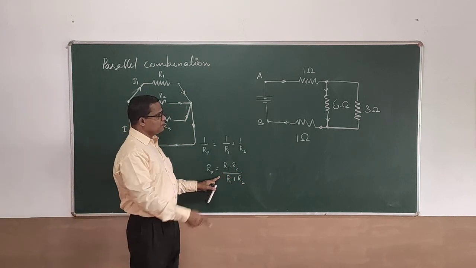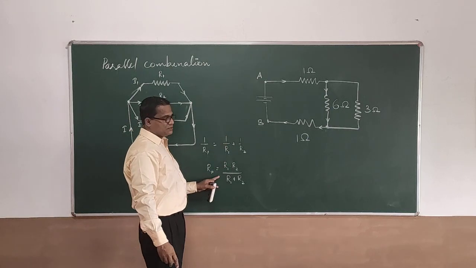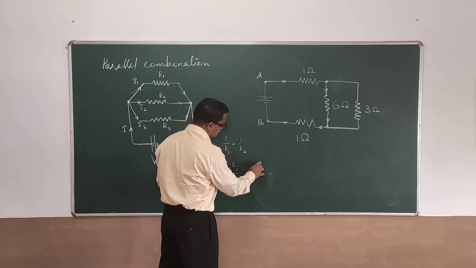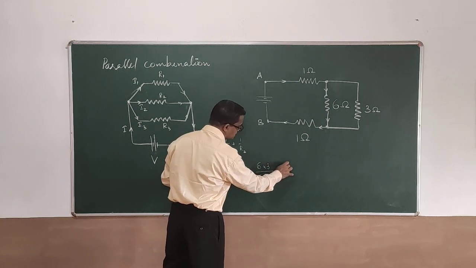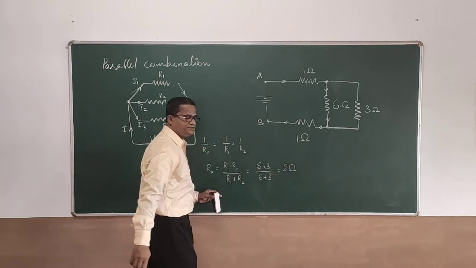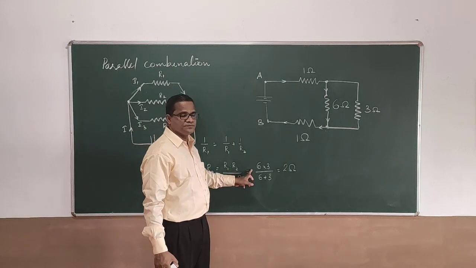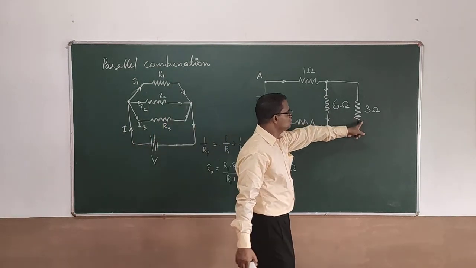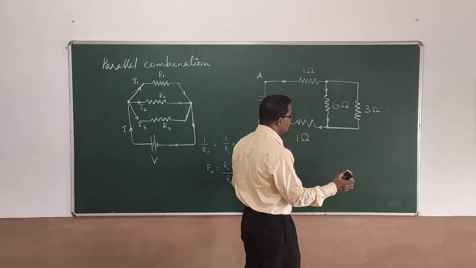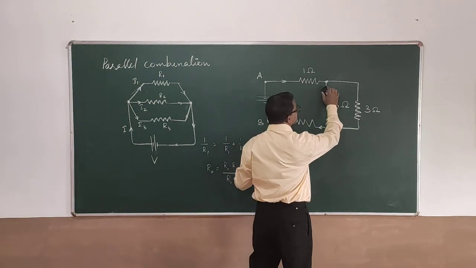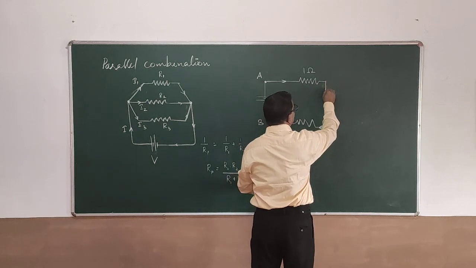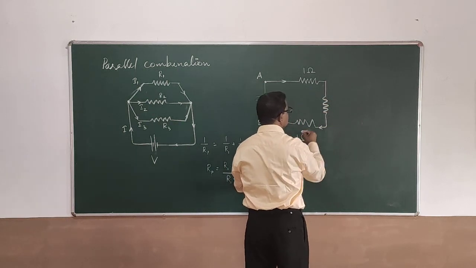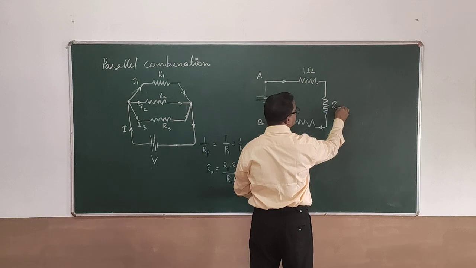So when I use this formula over there across 6 ohm and 3 ohm, I get 6 into 3 divided by 6 plus 3, and that's equal to 2 ohm. That means effective of these two is now will be 2 ohm, and I reduce the figure once again. I remove these two and connect a single resistance over here, and its value is now 2 ohm.